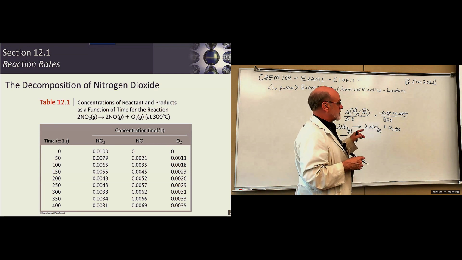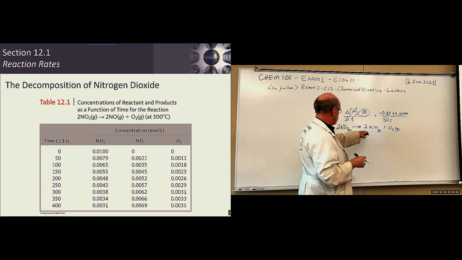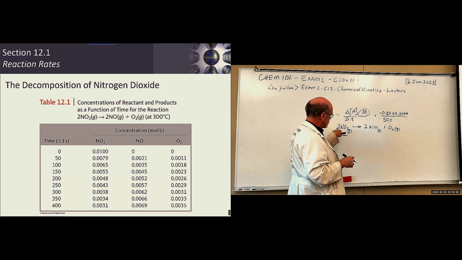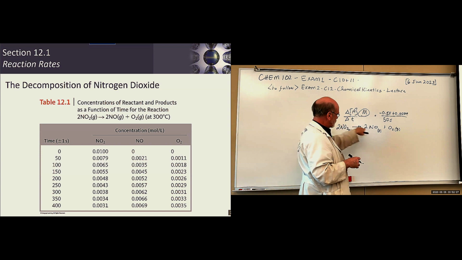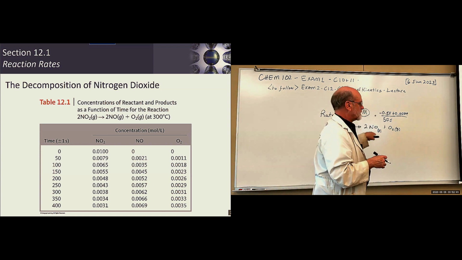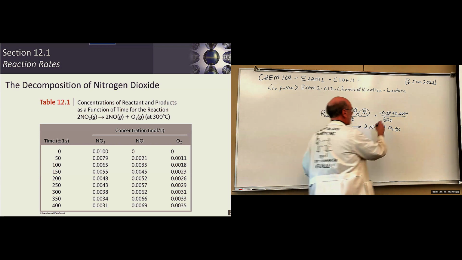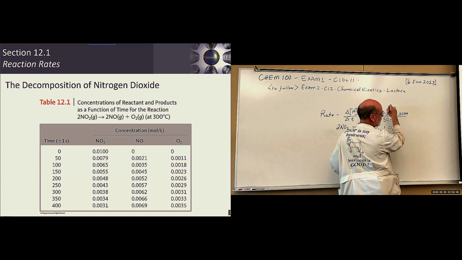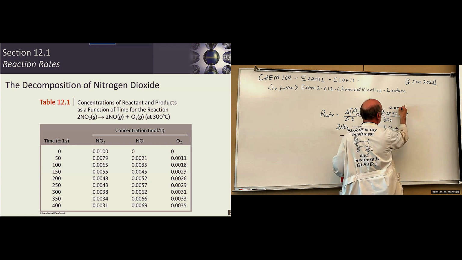Another thing to notice here is that the balanced equation tells us that for every 2 of these that disappear, 2 of those show up and only 1 of those shows up. So the difference in concentration there is, excuse me, 0.021.